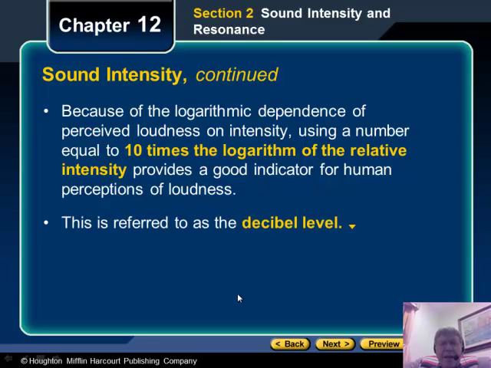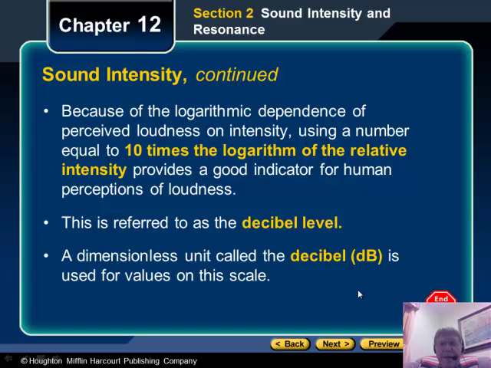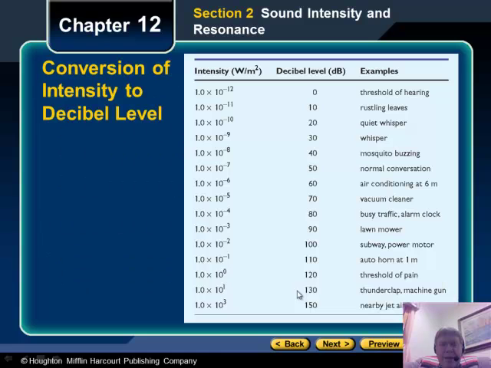And this is where the idea of the decibel comes in. Decibels are used because we can look at those as being relatively similar to human hearing. So when we're measuring the perceived loudness of sound, we use the decibel scale.